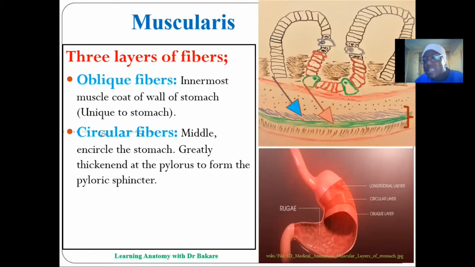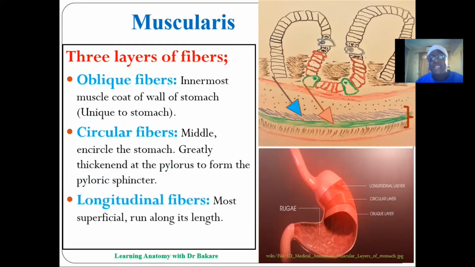Then more external, we have the longitudinal layer, and this is the longitudinal layer. You can see the fibers running in a longitudinal pattern, and it is the most external layer. These layers are responsible for periodic contraction and relaxation. As they contract and relax, they produce peristaltic movement, which helps to mix the gastric content.